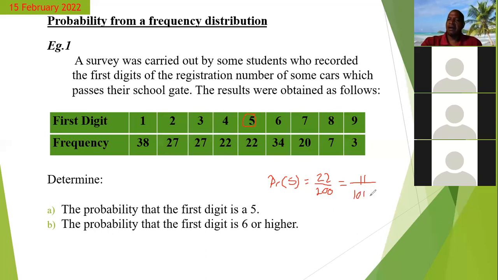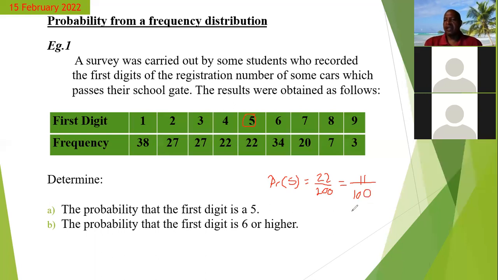Okay, sir. So that's how we get the 22 over 200. And so that would be the probability of getting a 5. That would satisfy part A. Part B now, asking what is the probability that the digit is 6 or higher?